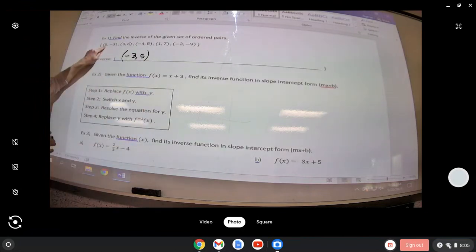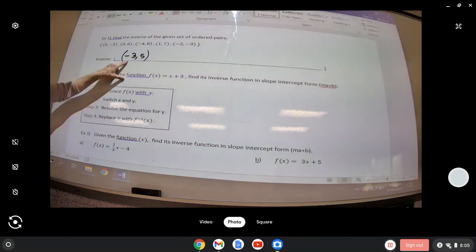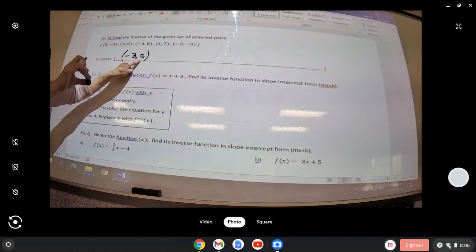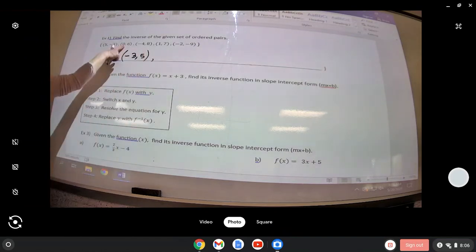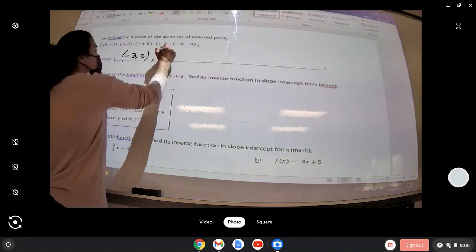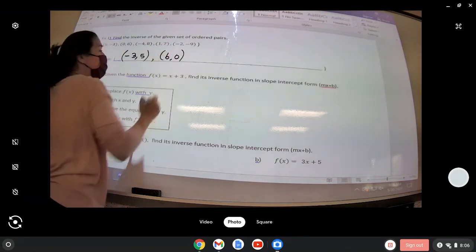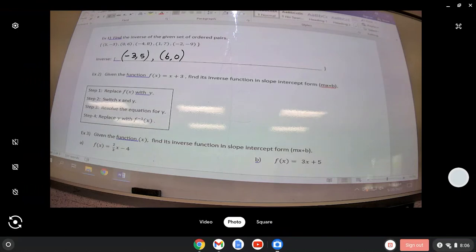This ordered pair says that 5 went into a function as x, something mathematical happened to it, and a -3 came out as y. All these ordered pairs tell a story. Now this ordered pair says, well, -3 went into the inverse, and the inverse spit out 5. All right, if this is an ordered pair on the original, then just switch it.